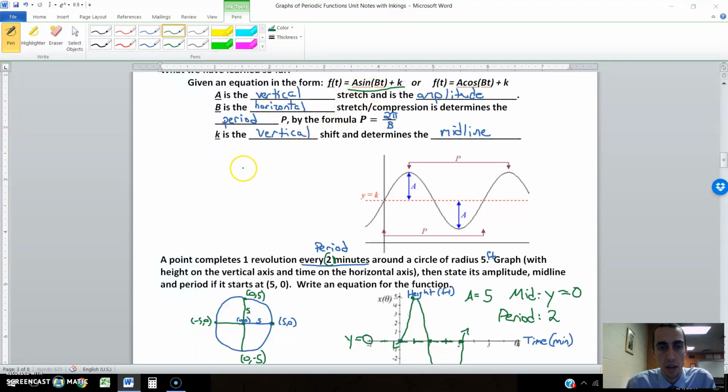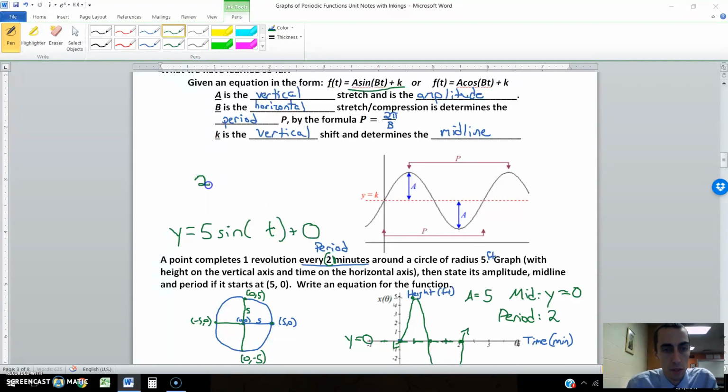Our amplitude is 5, so we would use y equals 5 times the sine of some number times t plus the midline number, which is 0. Alright, so then we ask ourselves, what is this b?